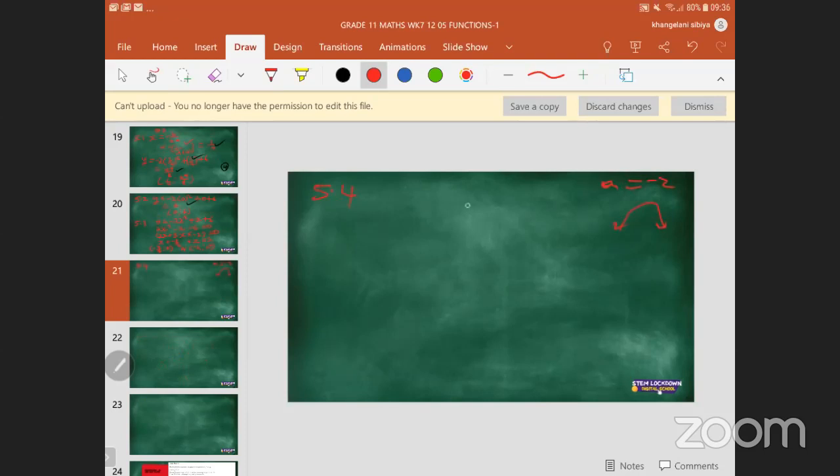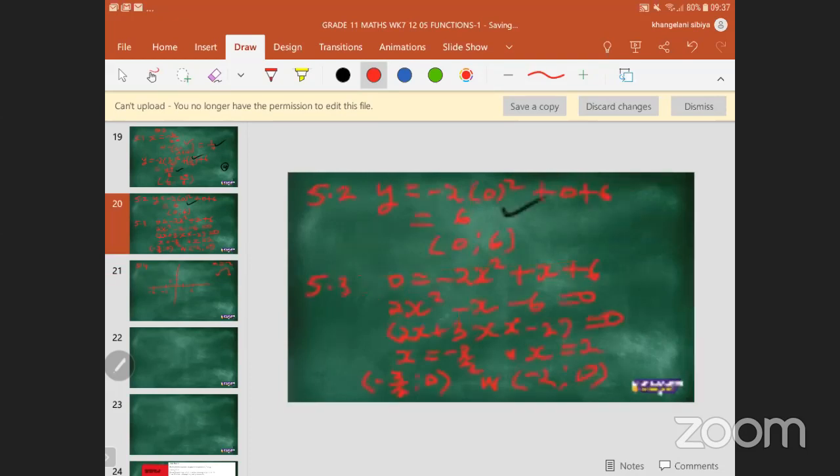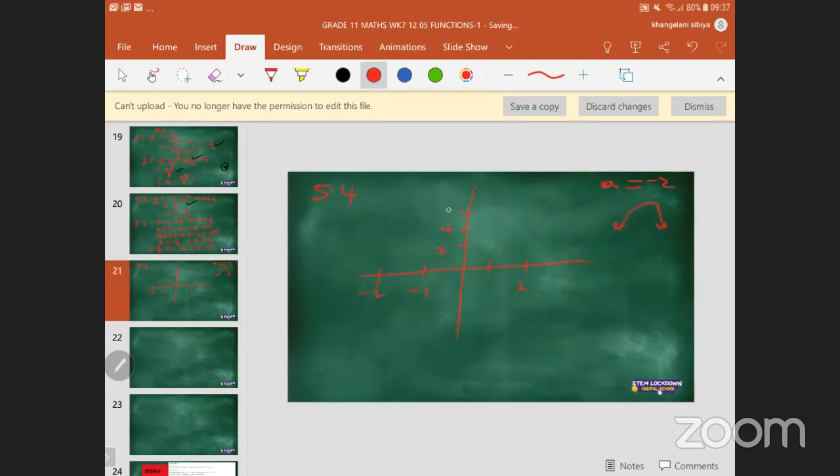So obviously what you do here, you start with the Cartesian plane. Just looking at your scale here, you have 1, 2, and -1, -2. The turning point has y of 6.125. Your y-intercept is 6.